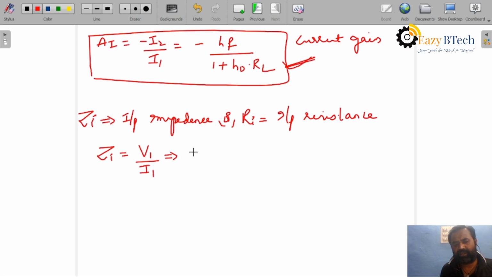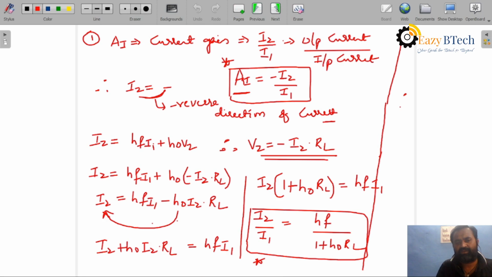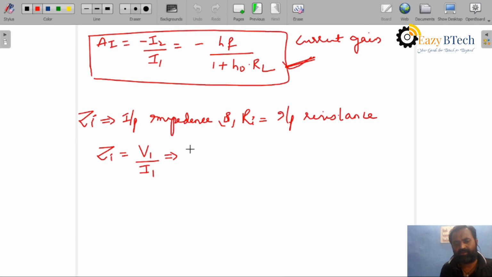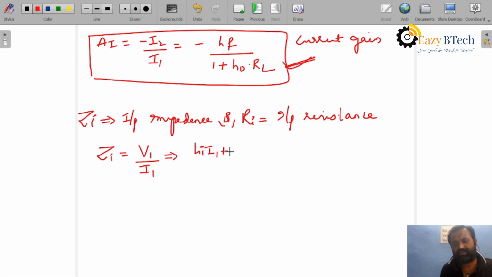From equation 1, V1 = Hi I1 + Hr V2, divided by I1.